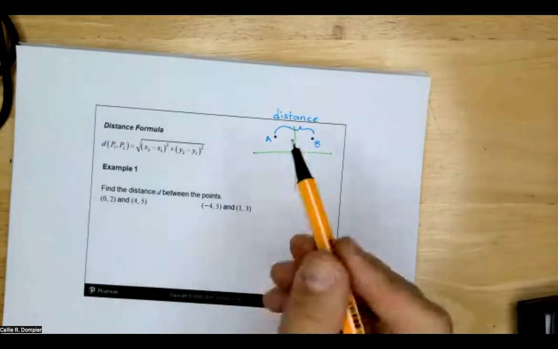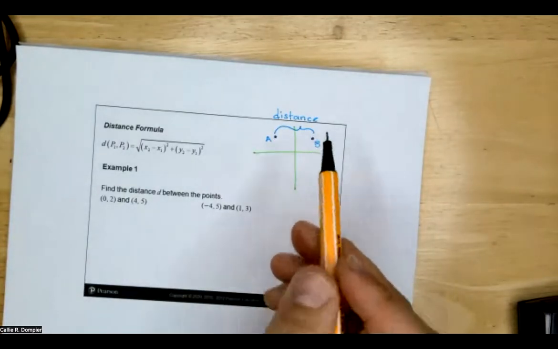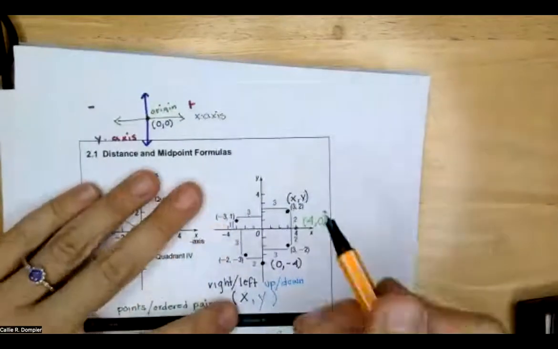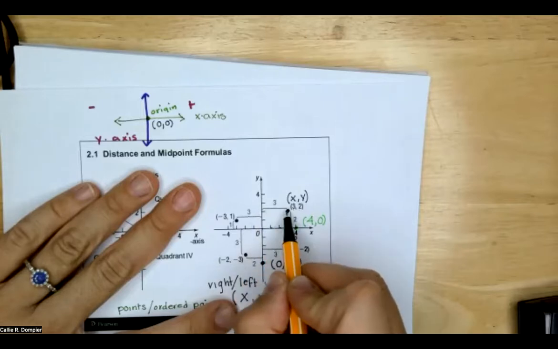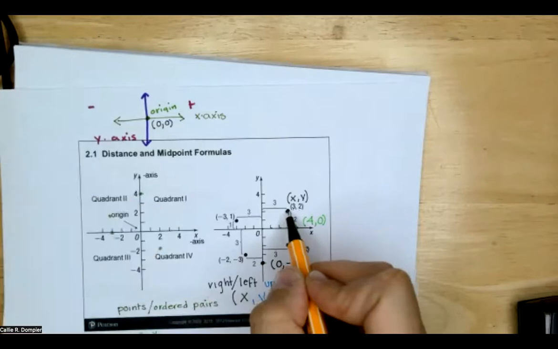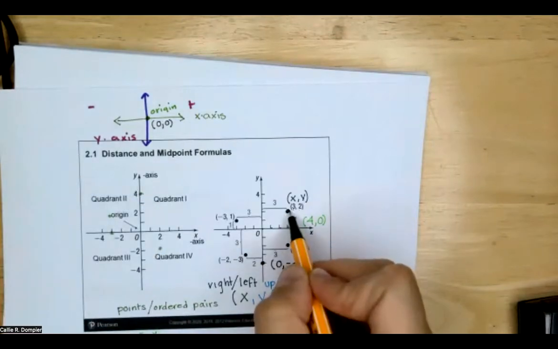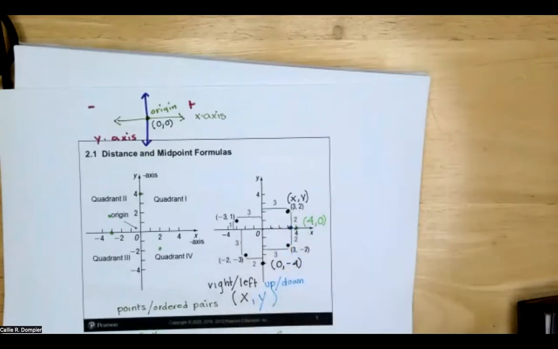It doesn't matter if your points are actually in a straight line. The distance between (3, 0) and (3, 2) would just be 2, right?